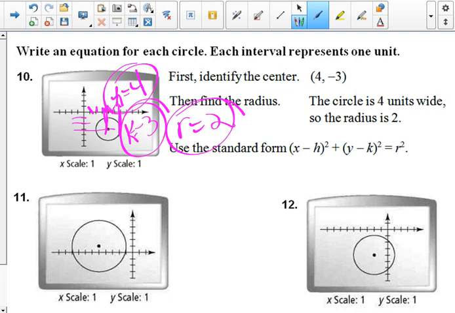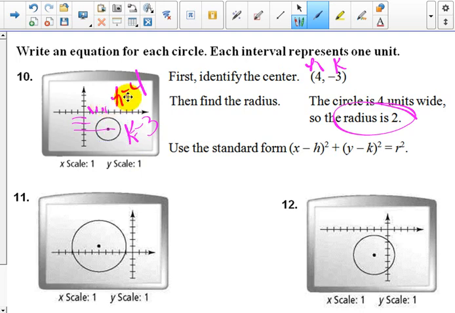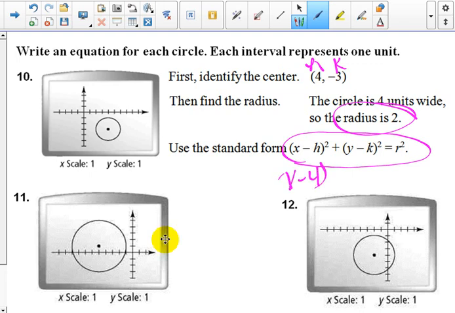So h, k is the center of the circle, and we know the radius is 2. Okay, so they said to write an equation. So we're going to use the standard form: x minus h squared plus y minus k squared equals r squared. And now you're going to plug it in. So h is 4, so it's x minus 4 squared plus y minus, and k is negative 3, squared equals r squared.